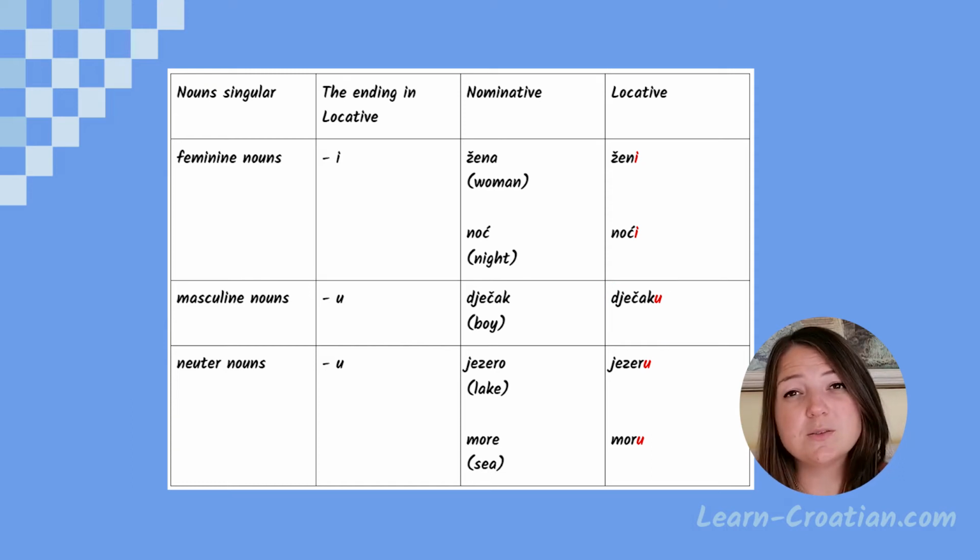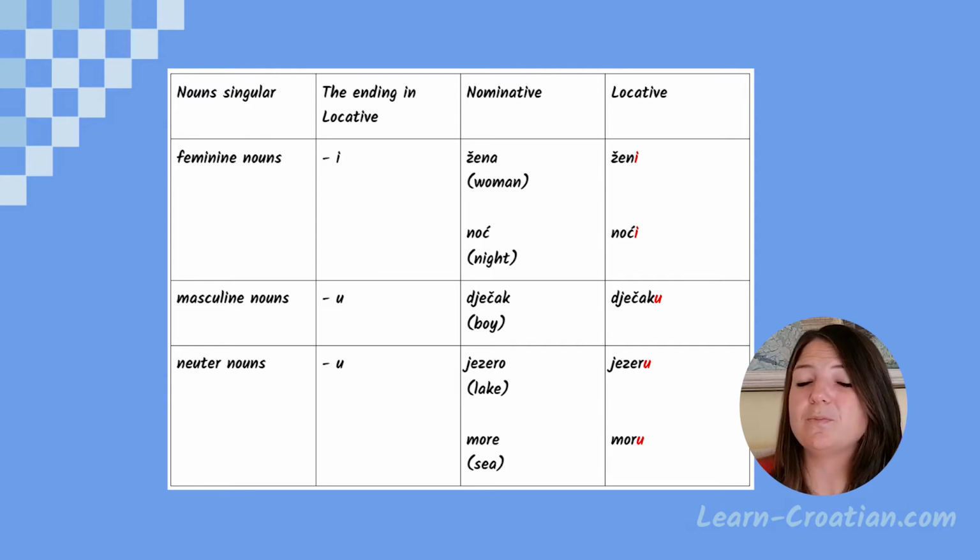For the neuter nouns, most of them end on an E or O. So you would lose the O or E and change it for a U. Maybe the easiest way to remember this is if the noun ends on a vowel, then change the vowel for the appropriate ending.